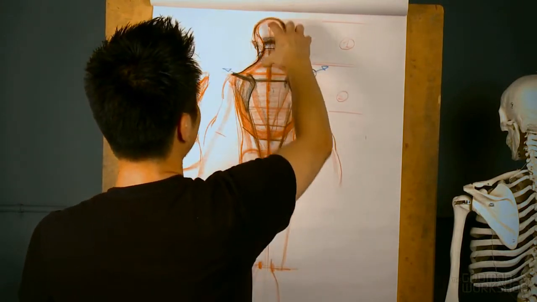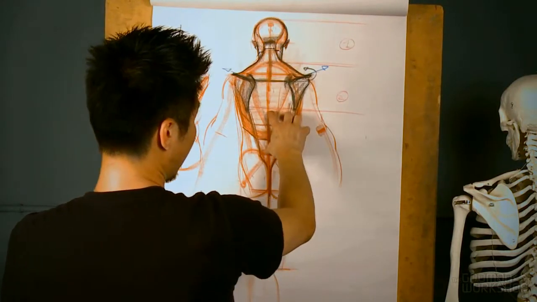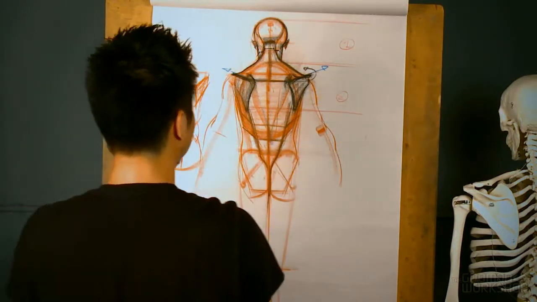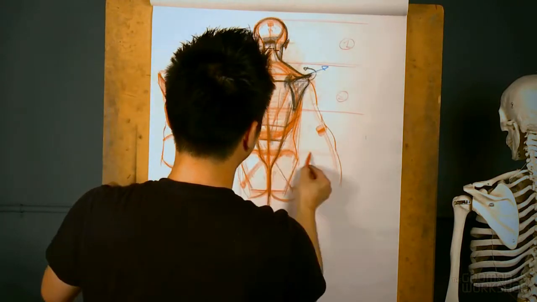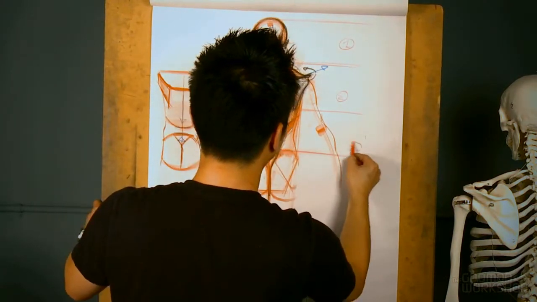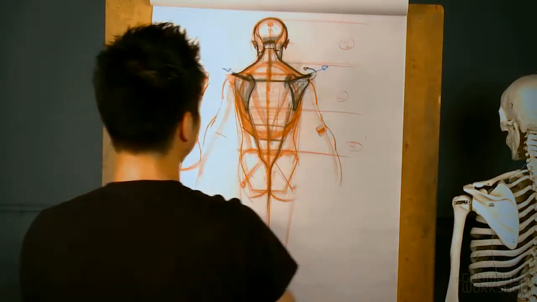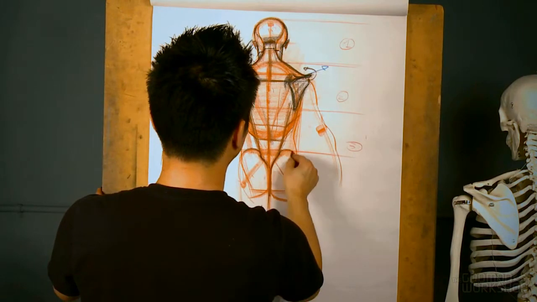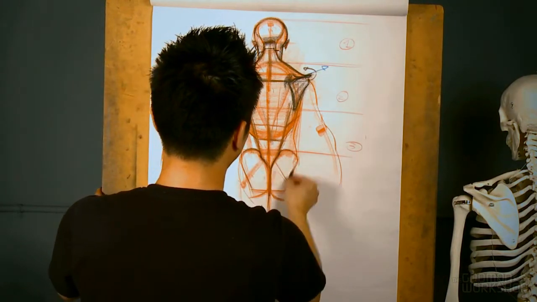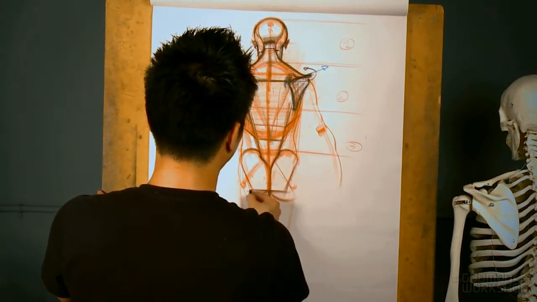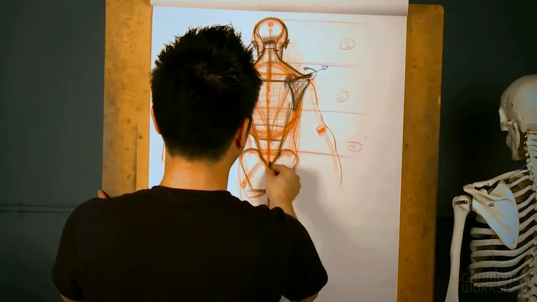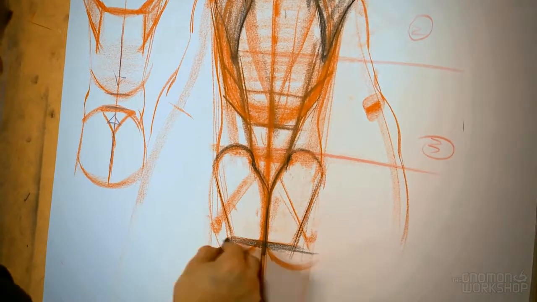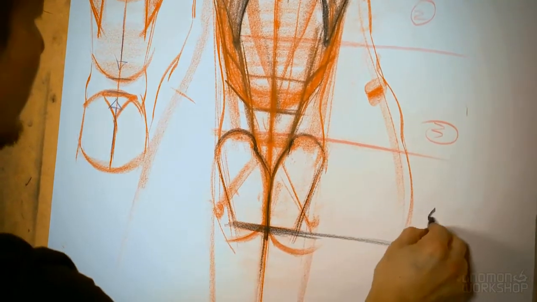So first head, second head, the third head. See where the top lines up to the top of the pelvis, and then the fourth head would be at the bottom of the pelvis.